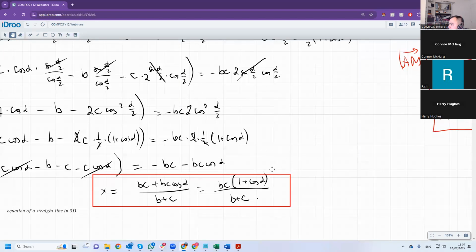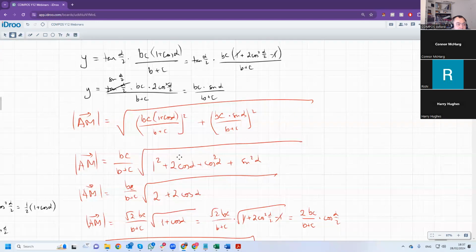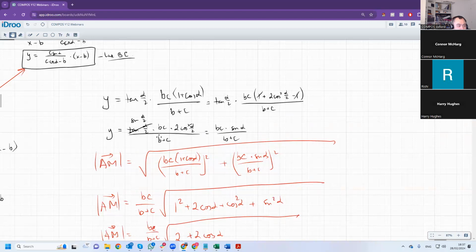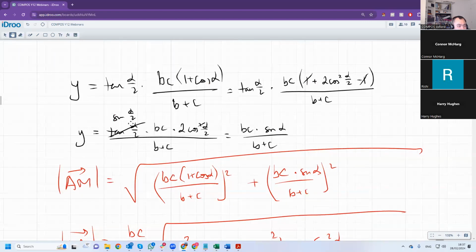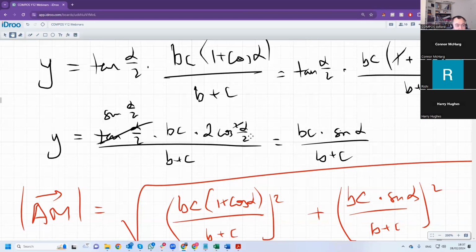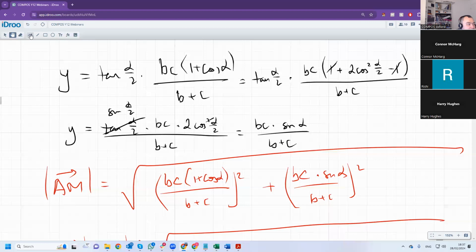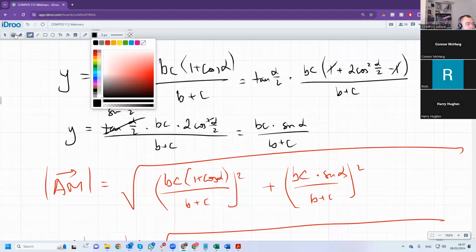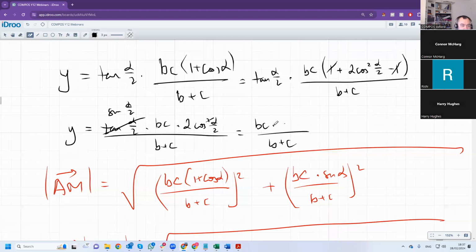There's no cos alpha over 2 for the y coordinate in the numerator. It's sine alpha over 2 times 2 cos alpha over 2. All right, I'll explain how I got there. So it's bc multiplied by 2 multiplied by sine alpha over 2 multiplied by cos alpha over 2, which is sine alpha. bc multiplied by sine alpha over b plus c. Does that make sense?